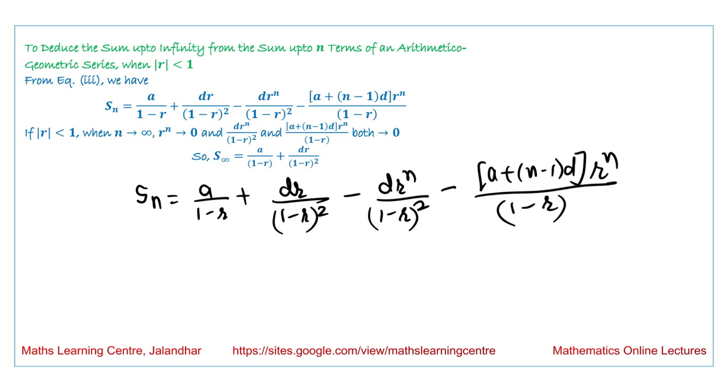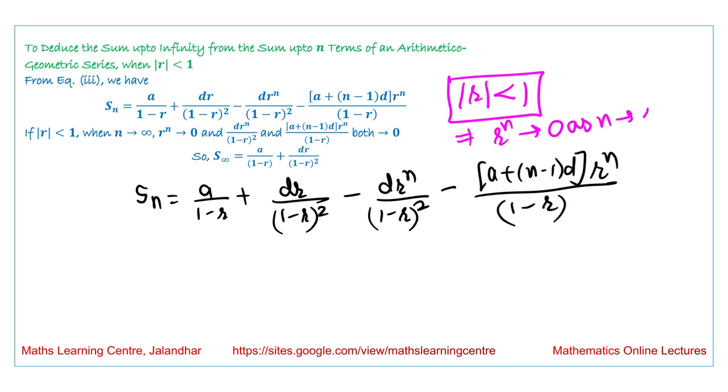Now the first condition is that mod of r is less than 1. This implies that r raised to the power n approaches 0 as n approaches infinity. So if we take the limit, S infinity is equal to a over 1 minus r plus dr over 1 minus r square.